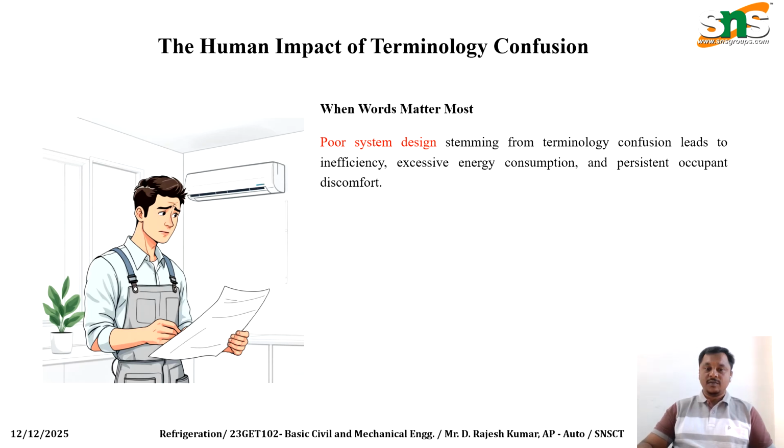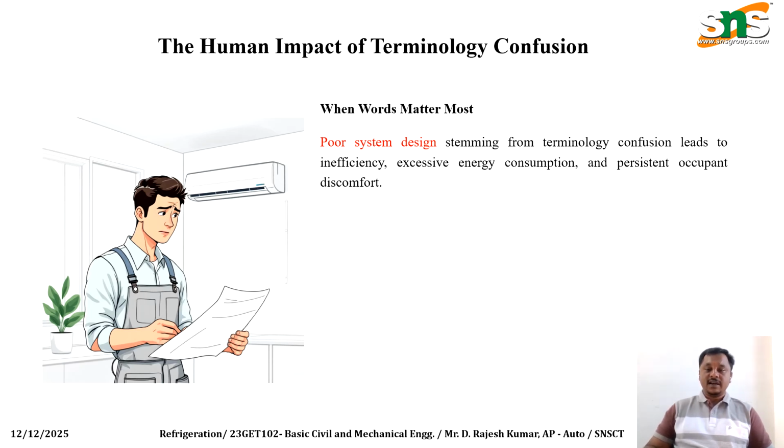So the first is about what matters most, right? So here the poor system design, right? It is because if the system is designed in such a way that it is not efficient and it is consuming more power, automatically the energy consumption goes high irrespective of the performance, right?